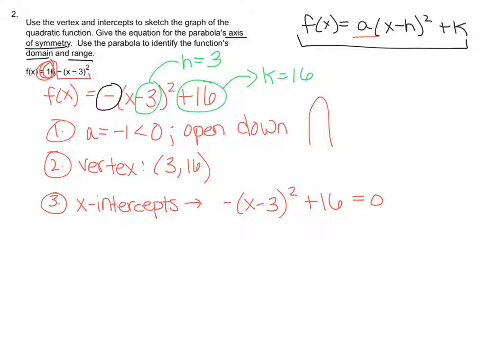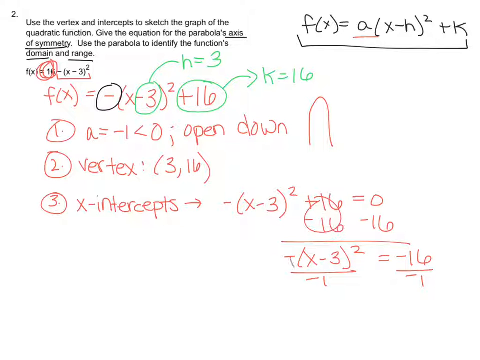Now we'll find the x-intercepts. To find the x-intercepts, set the function equal to 0 and solve for x. So we'll subtract 16 from both sides. I have -(x - 3) squared equals -16. Then we'll divide both sides by -1, and I get (x - 3) squared equals +16. Next, take the square root of both sides, and don't forget to put the plus-minus sign next to the square root of 16.